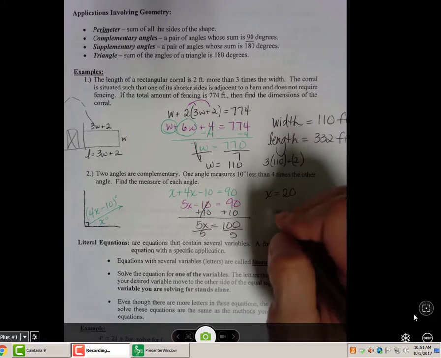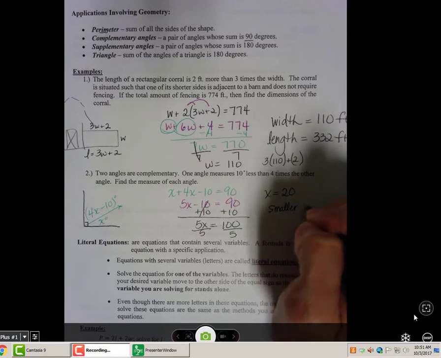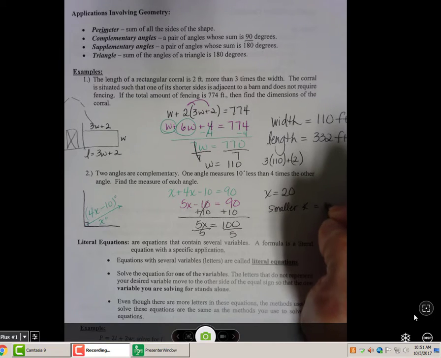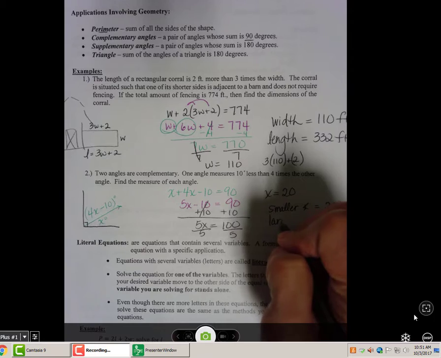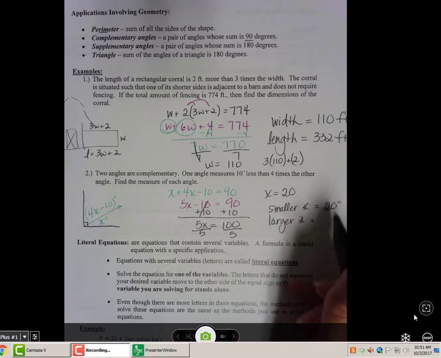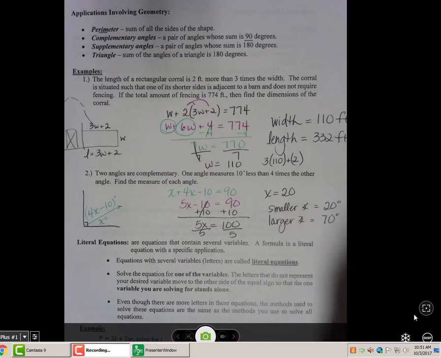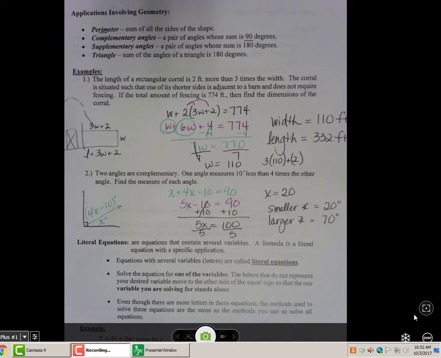So one angle, the smaller angle, is 20 degrees, and the larger angle is equal to 4 times 20 minus 10. And then we want to just double check. 20 plus 70 is equal to 90.